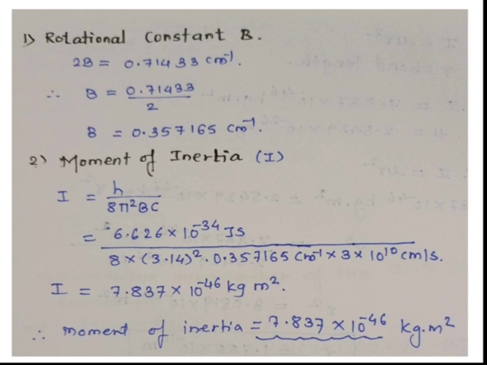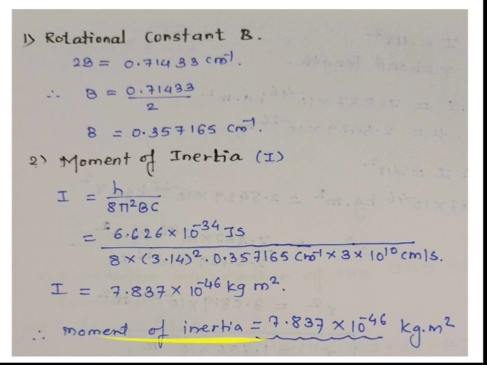So from this, when we calculate on our calculator, the value will be I equal to 7.837 into 10 raised to minus 46 kg meter square. So moment of inertia is always in the order of 10 raised to minus 46 or 10 raised to minus 47 kg meter square.